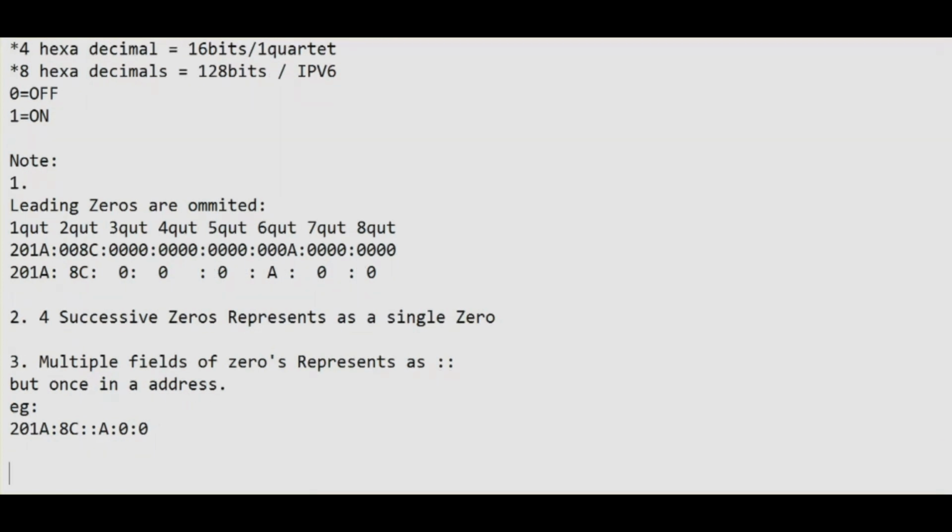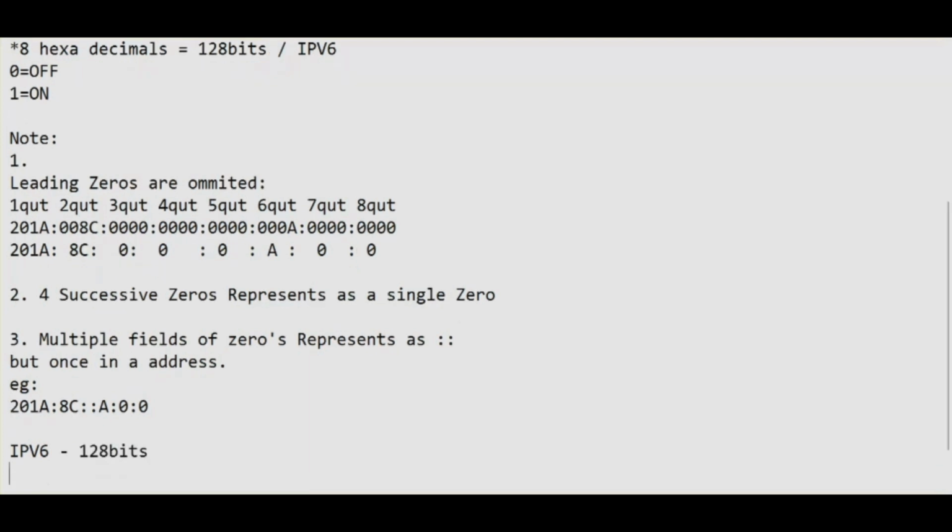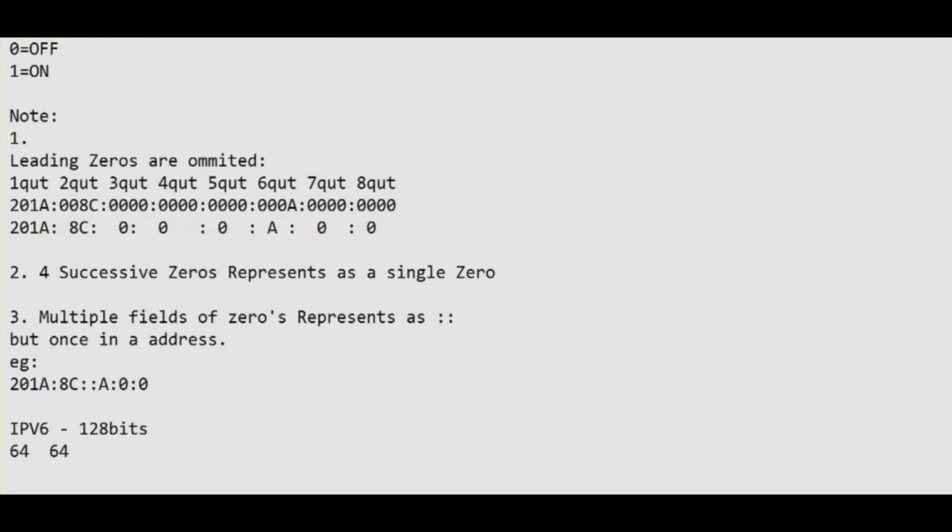Now, as I told, IP version 6 is of 128 bits. And these 128 bits are divided into two parts, 64 and 64. The first 64 is for network and the next 64 is for host.